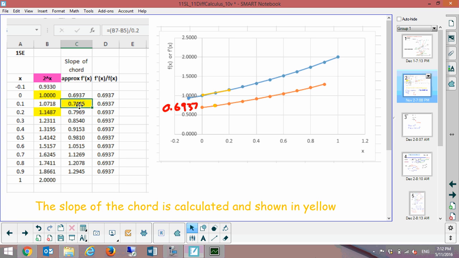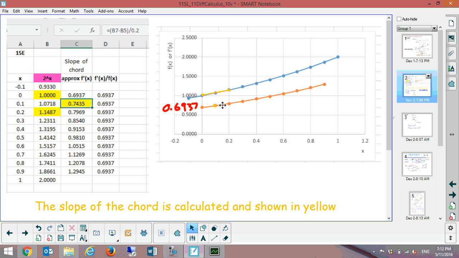We then found out that if we take the ratio of the original function and the approximate derivative, so if we do f dash x divided by f of x, we found in this case it always came out as 0.6937.